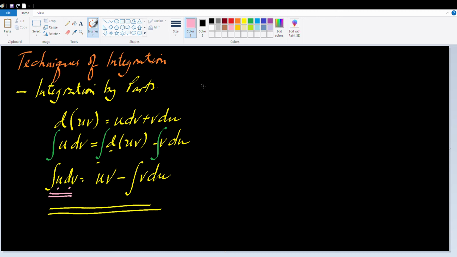Alright, so we can have a better understanding of this through several examples. So let's start with the integral of x e to the negative 3x dx. So for the given integrand, we have to select our u and our dv.